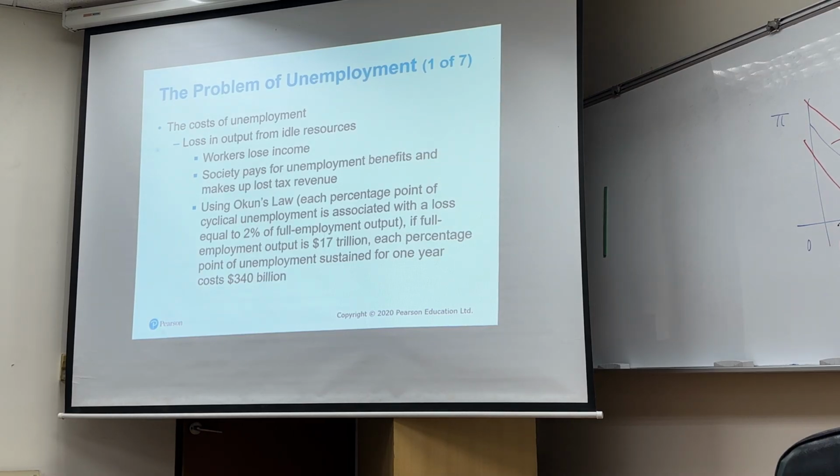So people are going to lose income, and society has to pay extra money for unemployment benefits. That is really not good. Just like China, right? If you look at China, what happened?